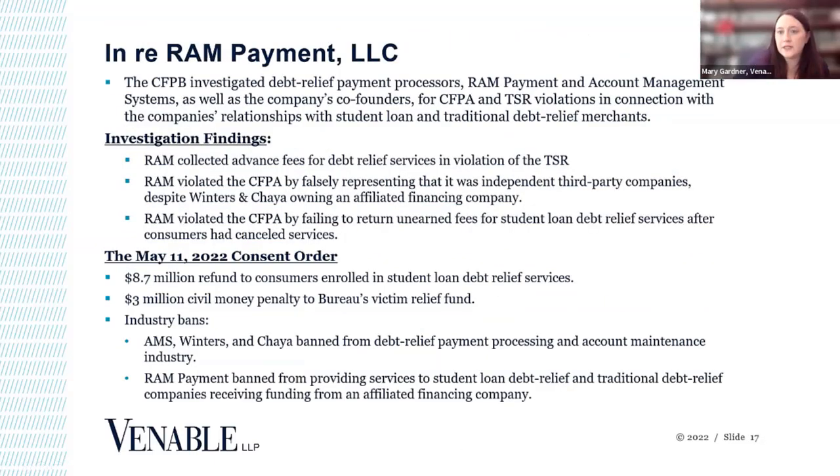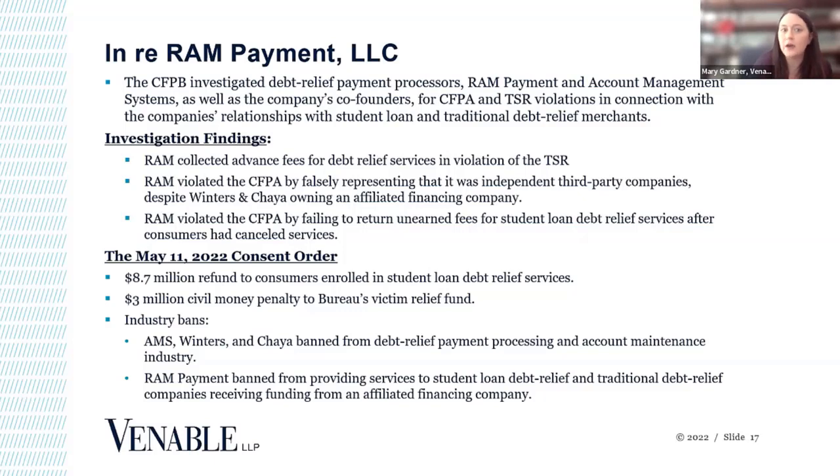So one of the recent cases that the CFPB has brought and settled is with respect to RAM Payment and its predecessor, Account Management Systems, which were debt relief payment processors. And the CFPB investigated the entities for violations of the CFPA and the TSR related to their relationship with both traditional debt relief merchants and student loan debt relief merchants.